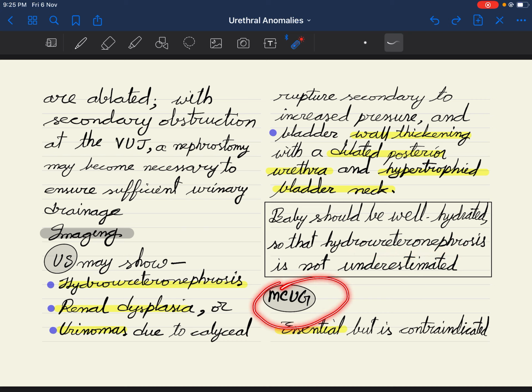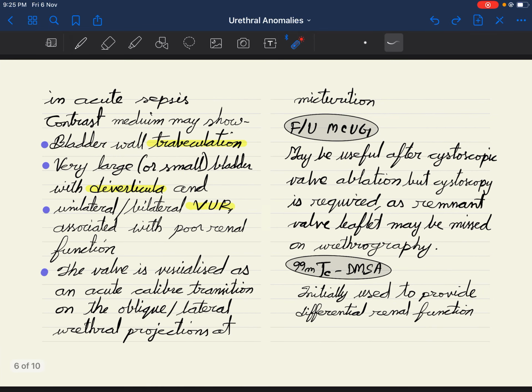And micturating cystourethrogram is essential but it is contraindicated in case of acute sepsis. Contrast medium may show bladder wall trabeculation, a very large or small bladder with diverticula, and unilateral or bilateral vesico-ureteric reflux associated with poor renal function. The valve is visualized as an abrupt caliber transition on the oblique or lateral urethral projection at micturition.